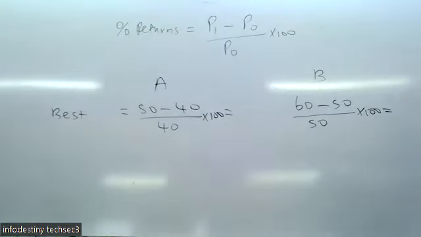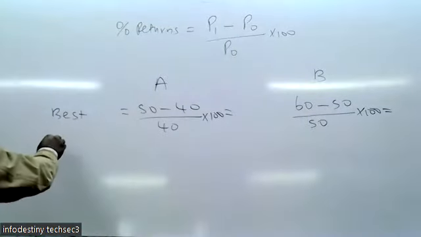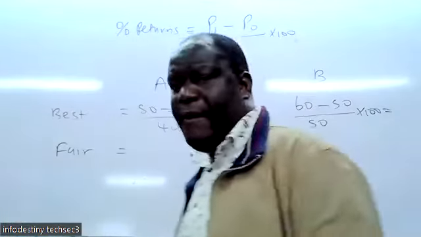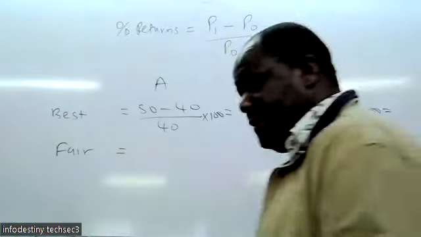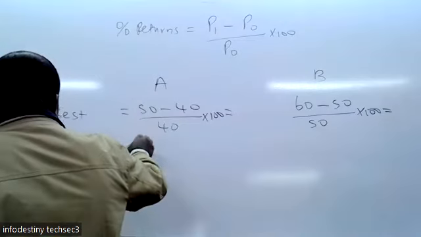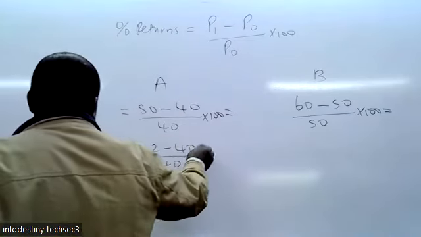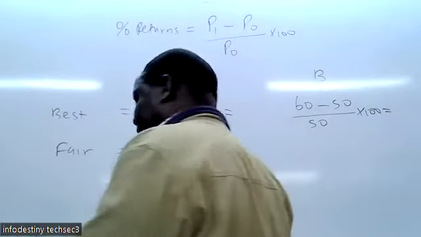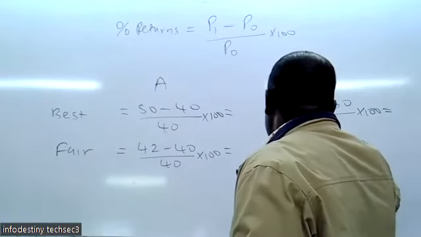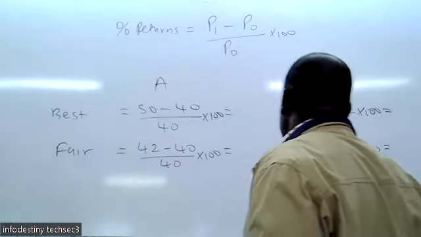That's now for best. Then there is also the one for fair. When it is fair, it is 42. So 42 minus 40, divide by 40, express it as a percentage. The other one is 50, minus 50, divide by 50, show it as a percentage.